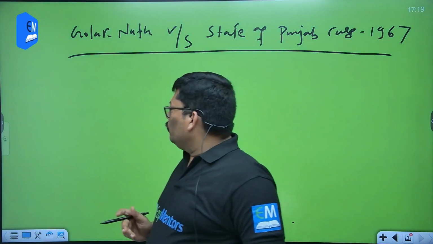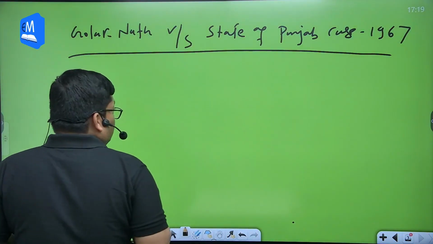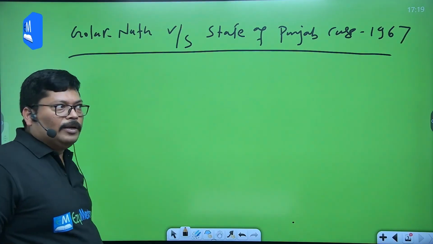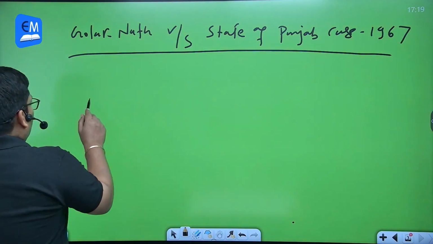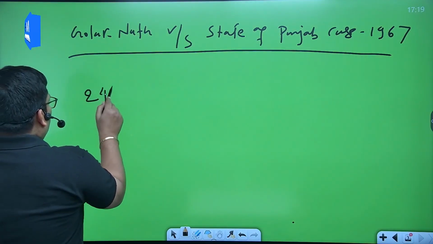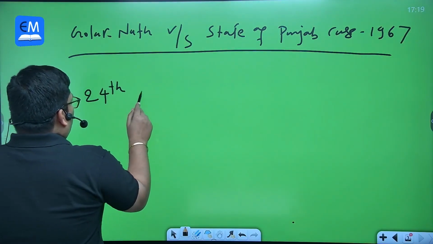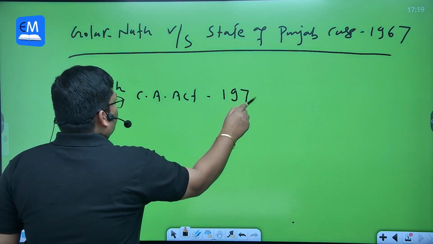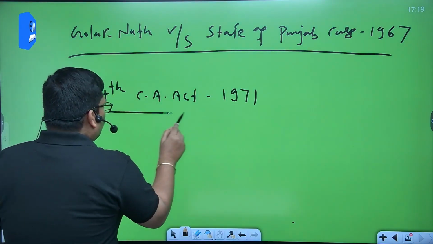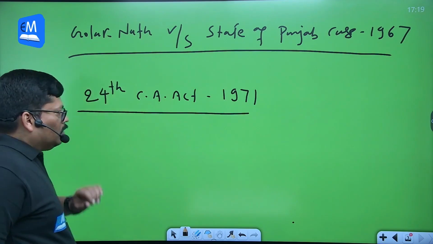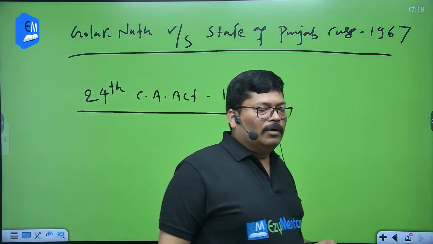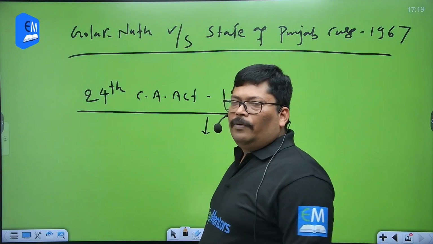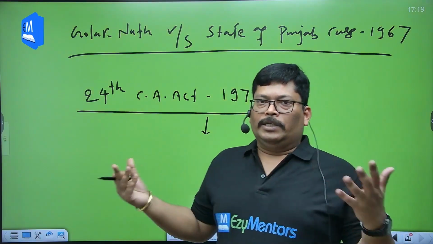In response to the court's decision corresponding to Golaknath versus State of Punjab case 1967, the Parliament of India carried out the 24th Constitutional Amendment Act in the year 1971. And look, through the 24th Constitutional Amendment Act 1971, the title of Article 368 got changed.